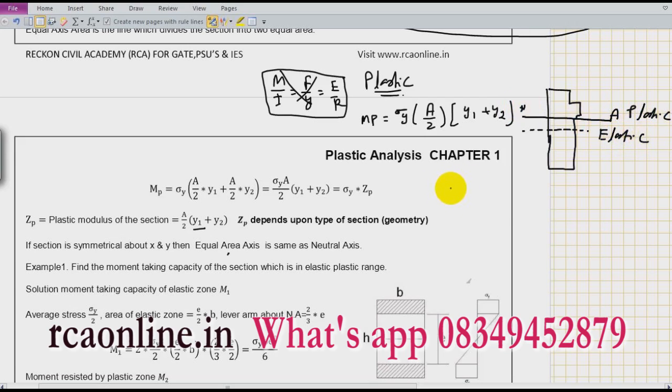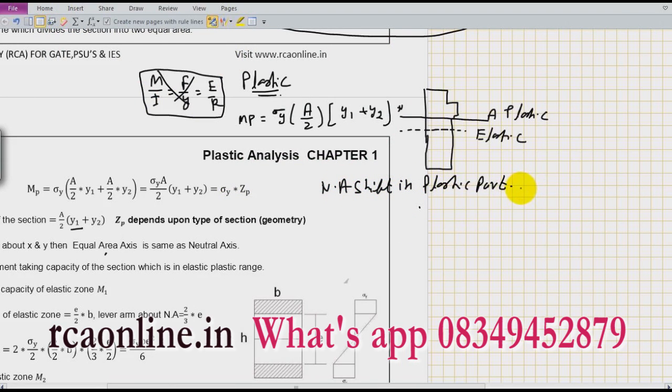Okay, so neutral axis shifts in plastic part. Now what does it mean? It means that if the section is symmetrical, the neutral axis shifts in the plastic part such that the area above the neutral axis is equal to the area below the neutral axis.